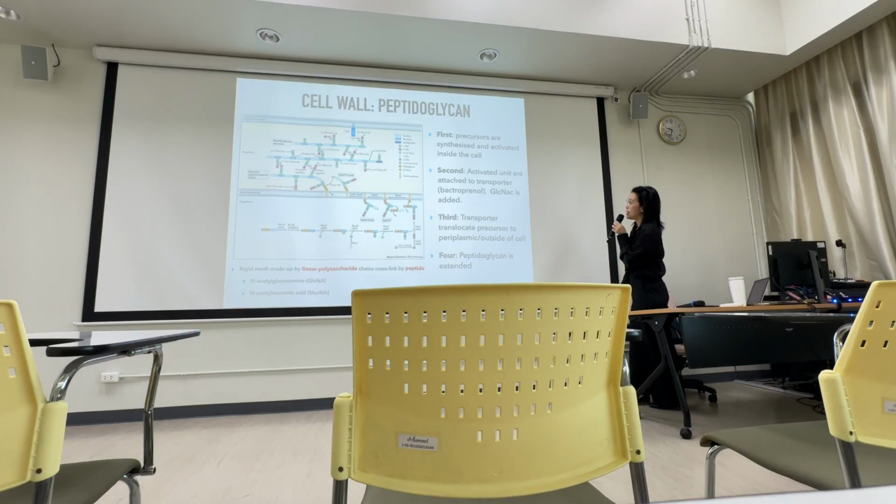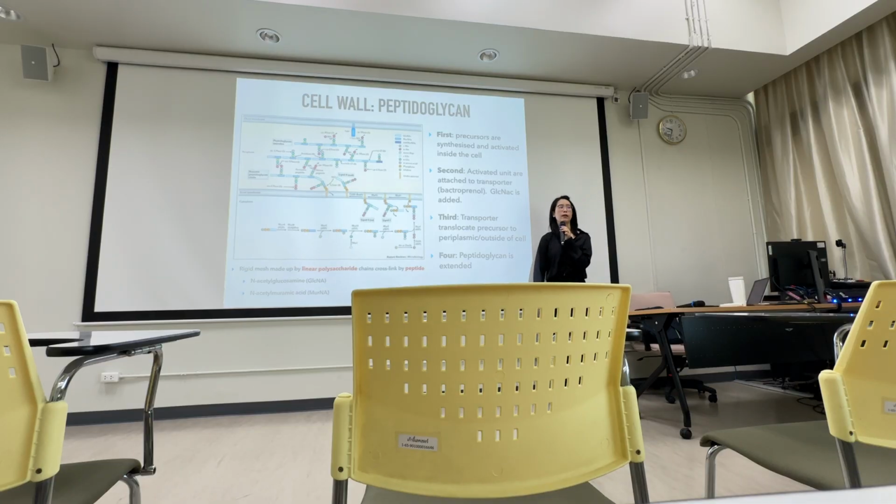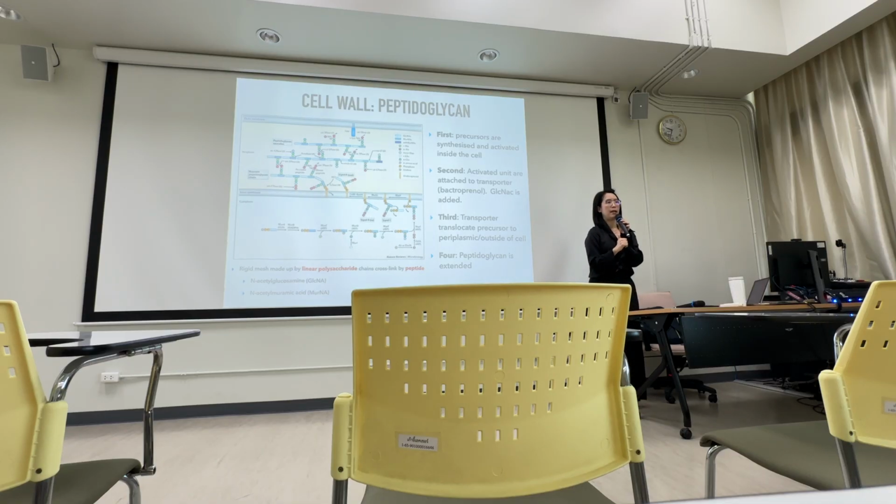So here is the synthesis of peptidoglycan. Actually, for my lecture it's not very important, but I think it's important for you during the pharmacology part, because as I said, peptidoglycan is one of the main targets of the antibiotics we use nowadays. So I will just go roughly through this.